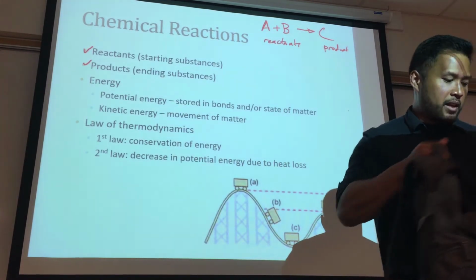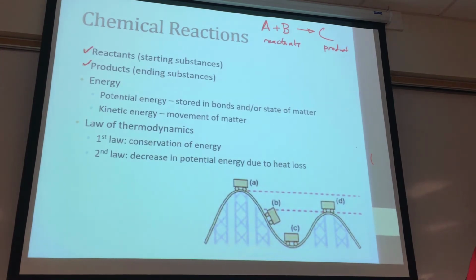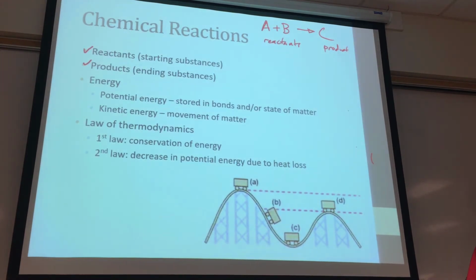We'll do A plus B, where A equals man and B equals woman, and these are our reactants. And then C equals baby, and this will be our product. Again, I'm just using this as an example.